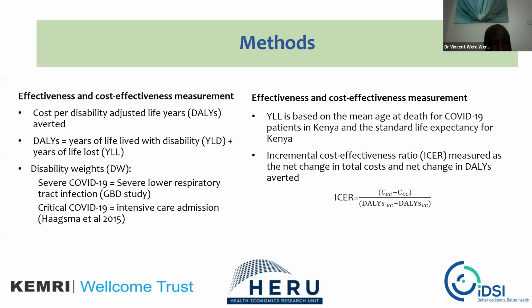So because at that time we did not have COVID weights, we used a disease condition which was closer, which is called the lower respiratory tract infection. And this data we got from Global Burden of Disease. Then data around critical COVID-19, which refers to intensive care, we got from HAGSMA 2015.